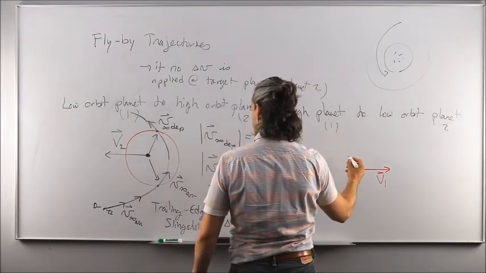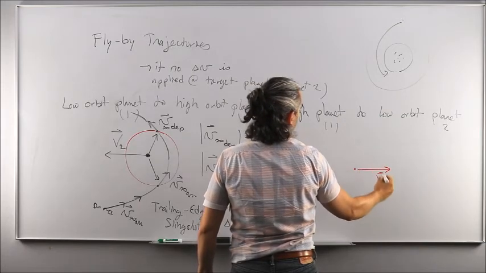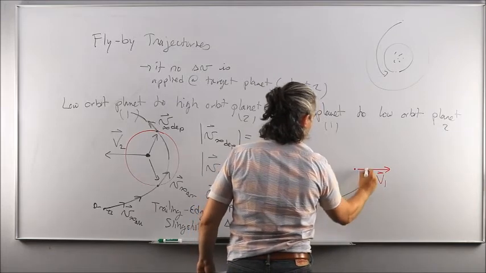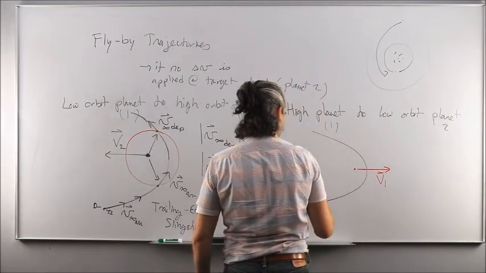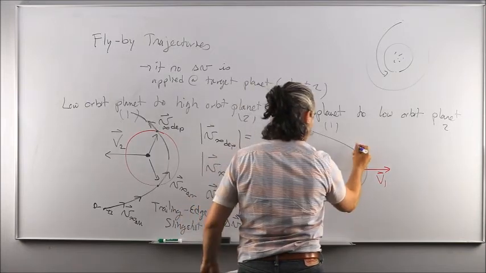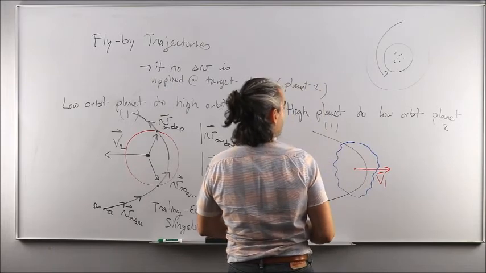You get something like this because you are arriving at the sphere of influence. So that was planet 2.